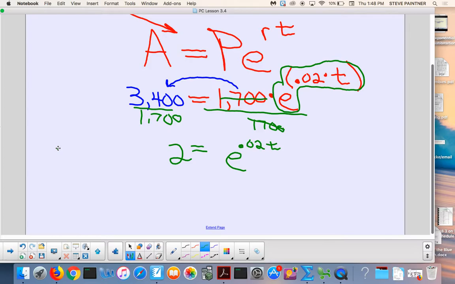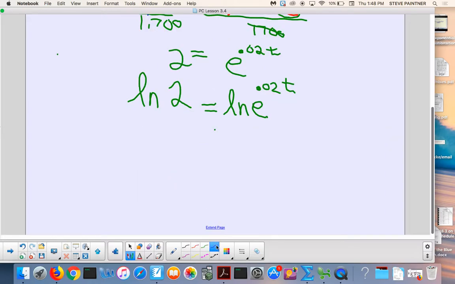You actually could do the common log if you wanted, but the reason I don't is because I see base E. So I'll do natural log of E to the 0.02 T, and the natural log of what? 2. E and E. They're gone. 0.02 T equals this, I guess.